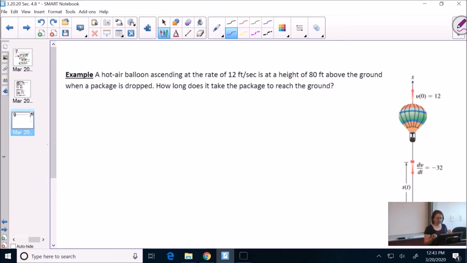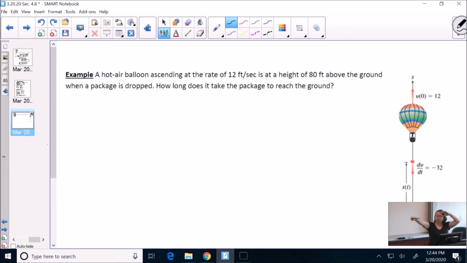So we're looking at the package. The package is being dropped. The package is going to have a velocity, an acceleration, and it's going to take some time. If the hot air balloon is ascending at a rate of 12 feet per second, and the package is in the hot air balloon, think of it as the balloon going up, they're holding the package.